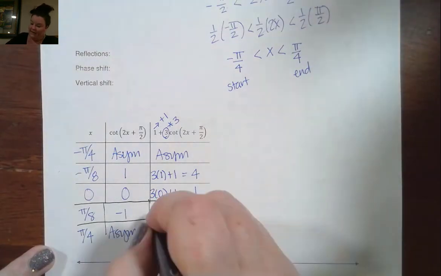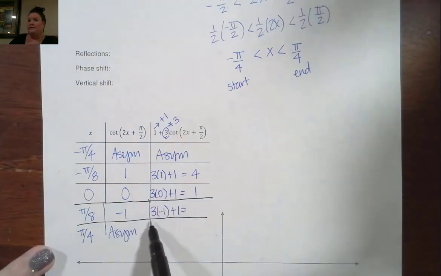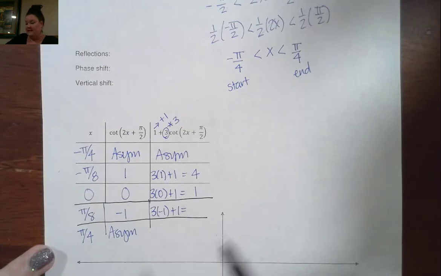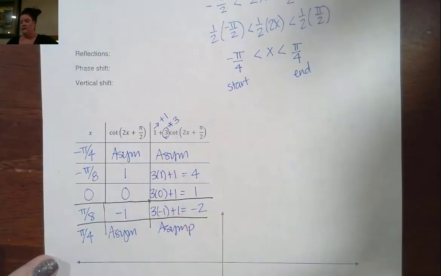On the last one, we're going to do 3 times negative 1. So 3 times negative 1 is negative 3 plus 1 is negative 2. And then we end with an asymptote. Okay, so we're going to go ahead and graph this. Let's put our points on here, and then we'll go back and answer all the questions that wanted us to know.